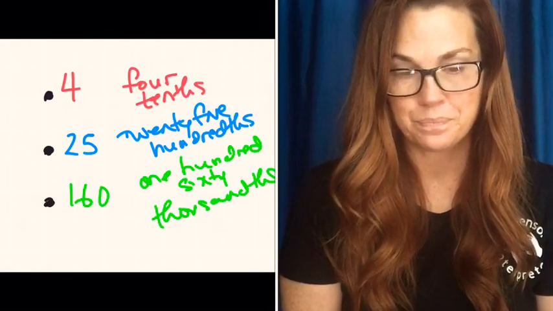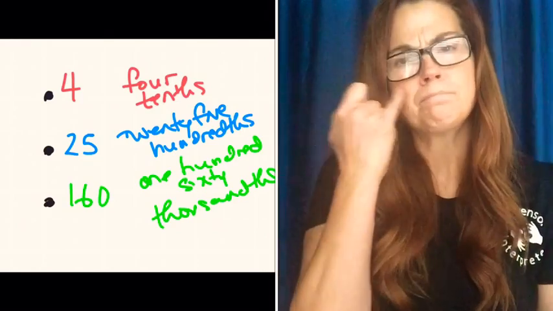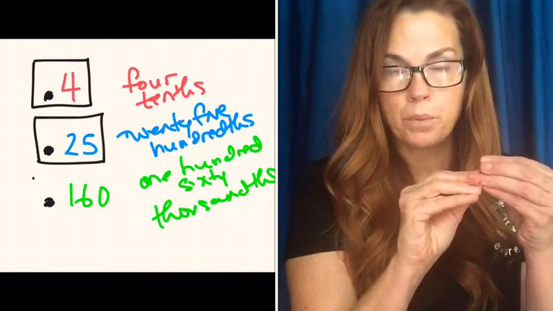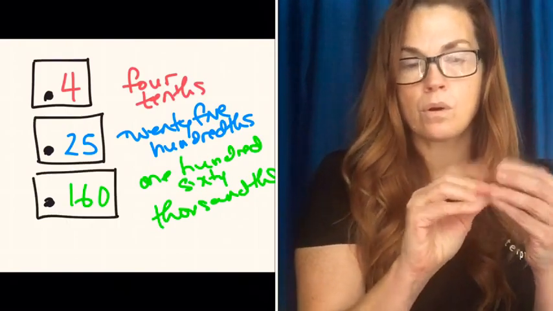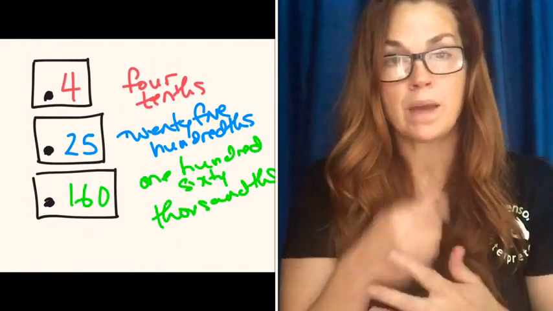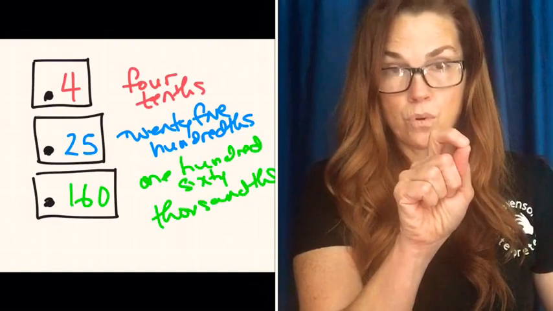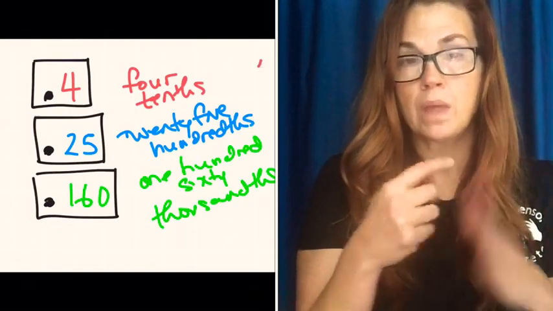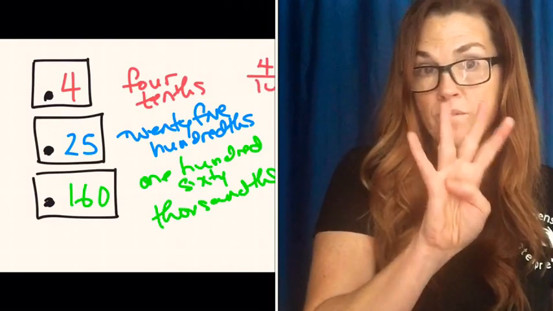When I want to write my decimals as equivalent fractions, I'm going to take the name of the decimal and write it as a fraction. So for example, 4 tenths would be written 4 over 10.